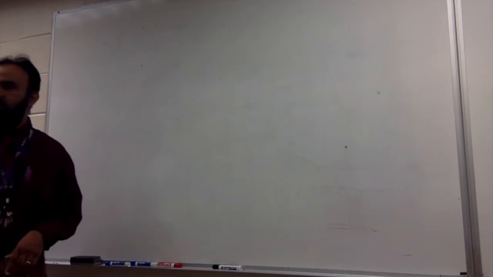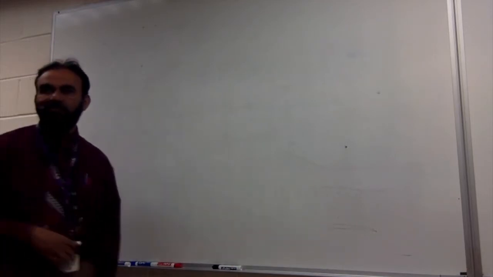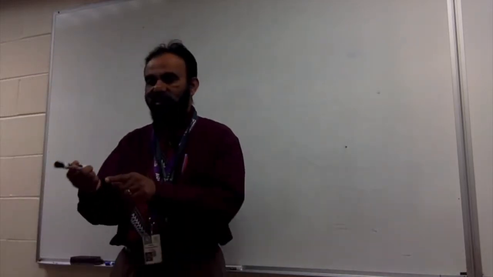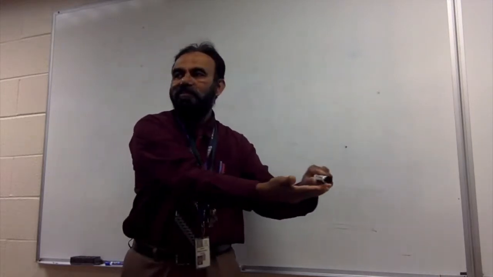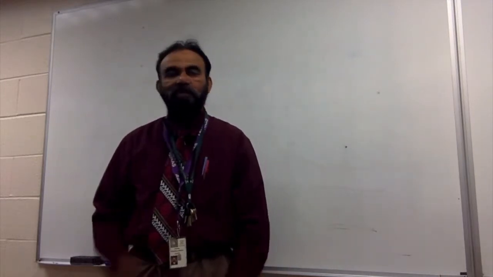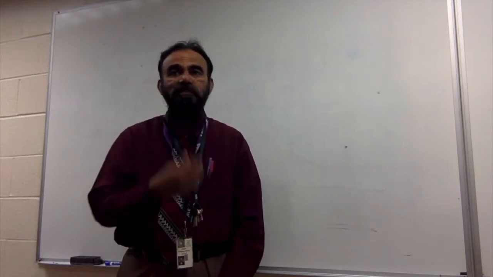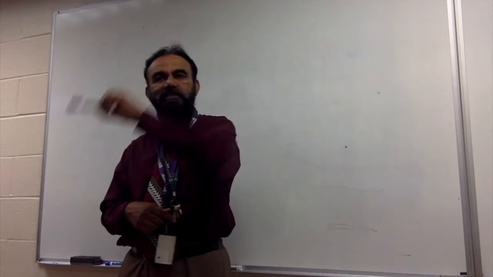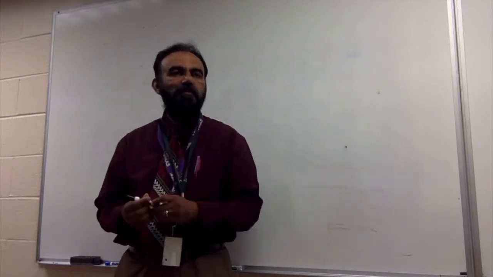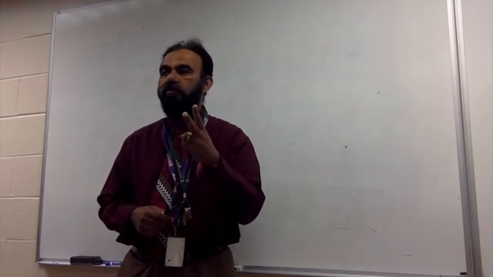I tossed it up and it came back to my hands. But how did you see the marker going? Because I released it somewhere here and caught it somewhere here. For me, it didn't appear that it was going forward. For you, you could easily see that it is going and doing this. That is a projectile motion in 2 dimensions.